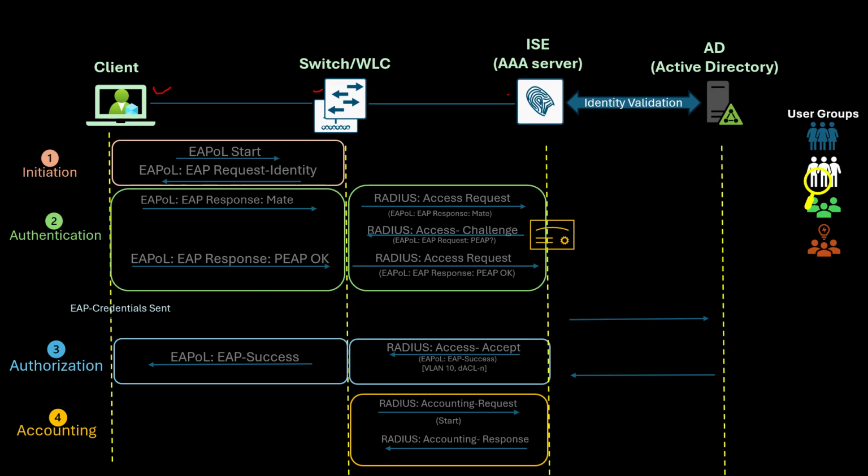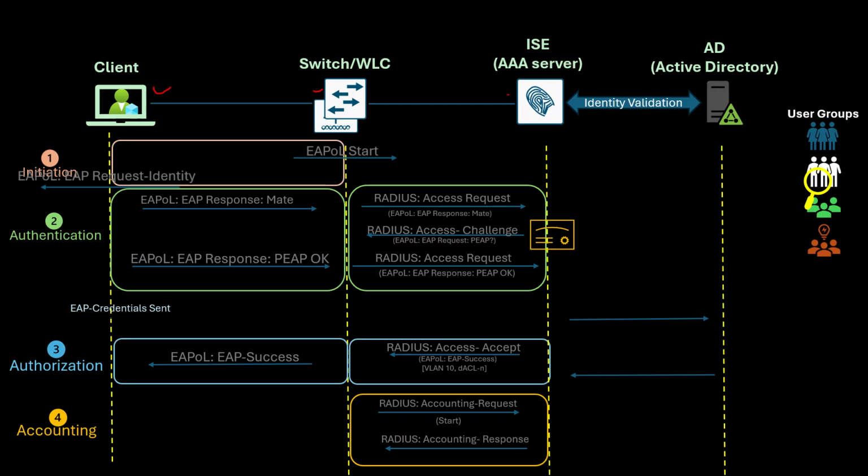So when the client tries to authenticate on the wired or wireless network for the first time, what happens? The EAPoL-start message will go to the switch, and because we have Dot1x authentication enabled on my SSID if it is wireless, or on the wired switch interface, it will stop that traffic and send back a request identity message to the client.